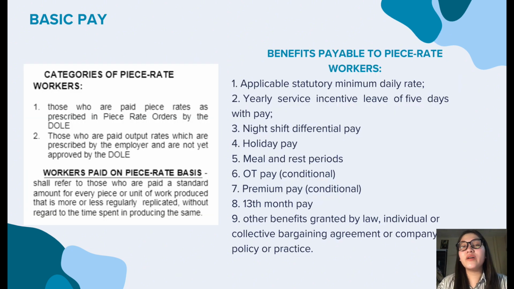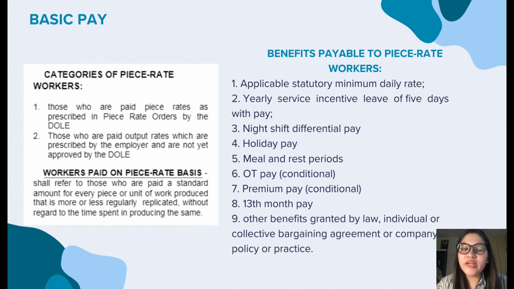So in order to know the basic pay of an employee, in Article 101, we also have the category of payment by results. Payment by results refers to workers who are compensated based on the number of pieces or products they produce, rather than receiving a fixed hourly wage or salary. Piece rate work is common in certain industries where productivity can be easily quantified, such as manufacturing or agriculture.